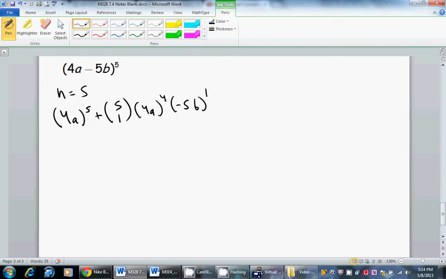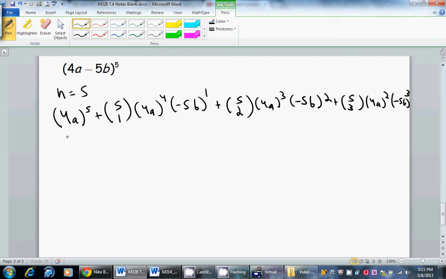The third term is 5 and 2 times 4a cubed times negative 5b squared, plus 5 and 3, 4a squared times negative 5b to the third power, plus 5 and 4, 4a to the first times negative 5b to the fourth. And my last term plus negative 5b to the fifth.